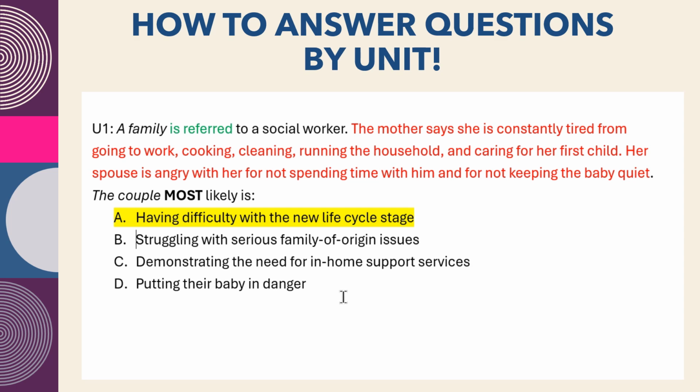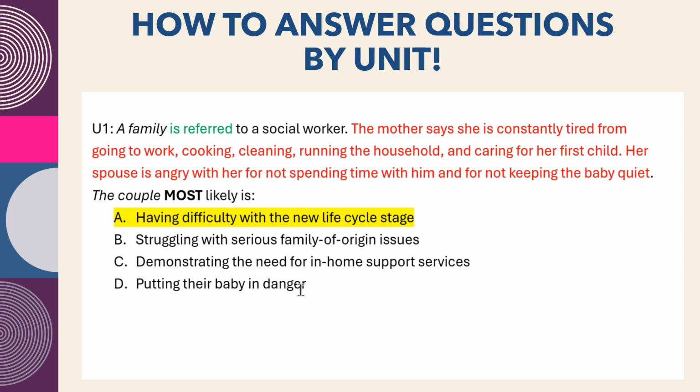The rest of these answer choices really have nothing to do with the situation at hand, with family of origin issues, demonstrating in-home support services. Actually, that one could be something that they could most likely be demonstrating. But we want to do the most likely.